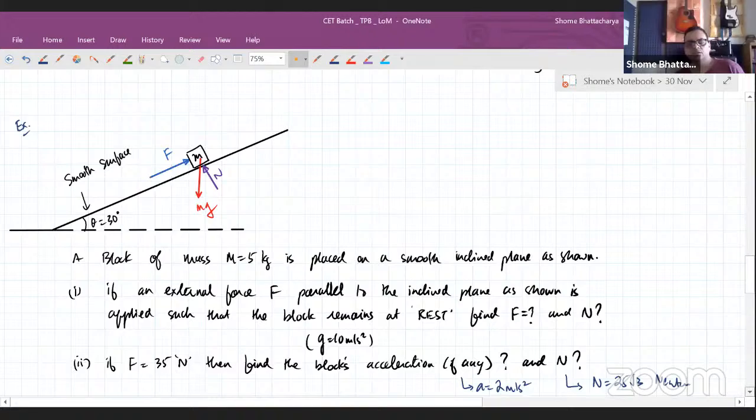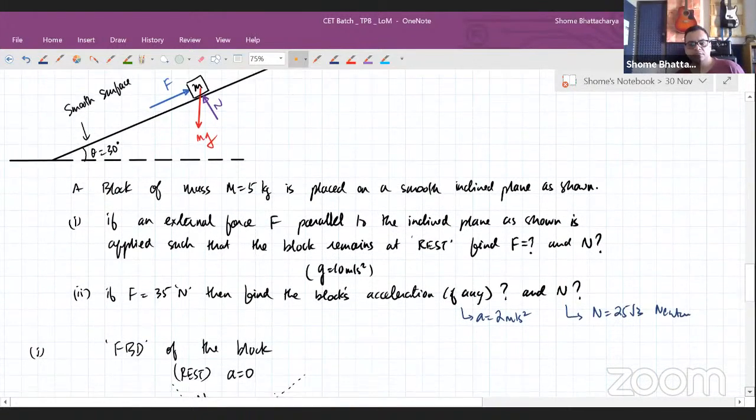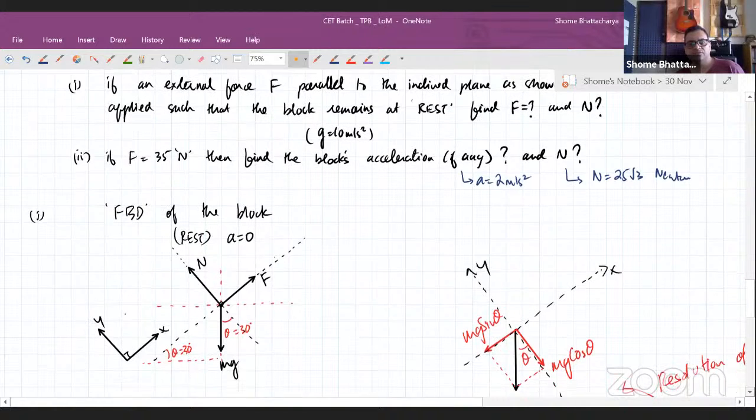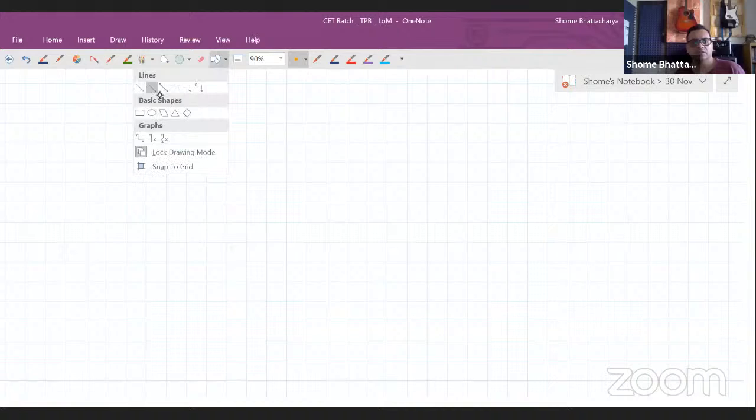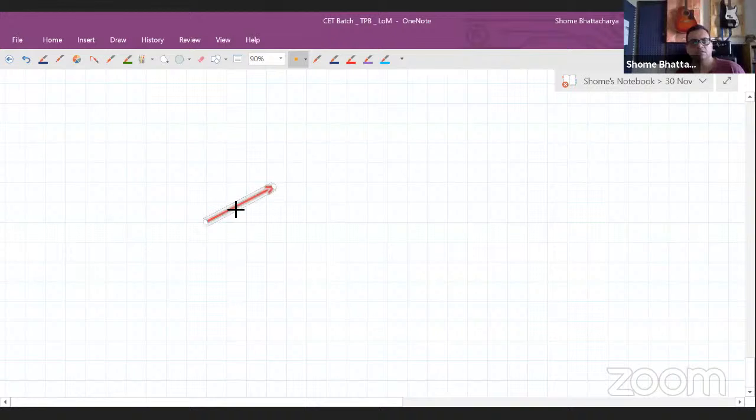So after resolving the forces and all that, it's pretty much the same type of free body diagram. Only thing is the value of F is different. So there is acceleration up the inclined plane. So what will happen in this case now is that on this body, the external force we are applying is now 35 newtons, whereas the component of weight that is acting against that is less. That is mg sin theta.